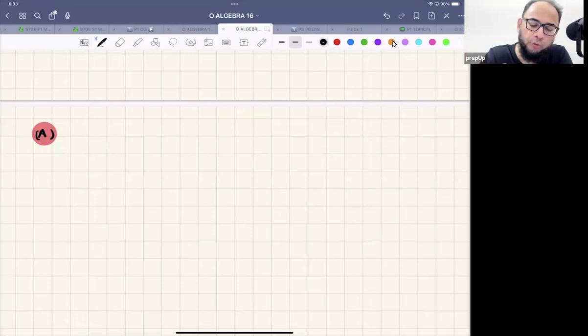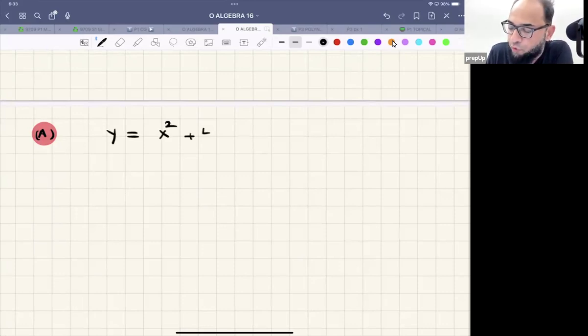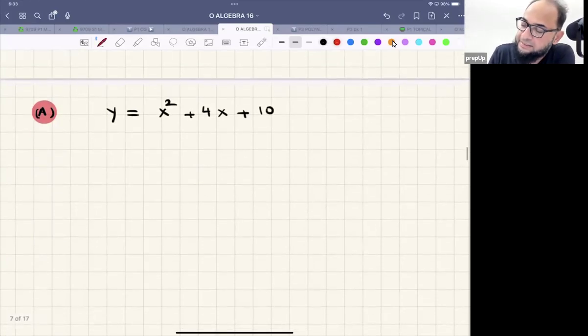Now, watch what I'm going to do over here. So now we have y is equals to x square plus 4x plus 10. This is the x square term, this is the x term, this is the constant term.